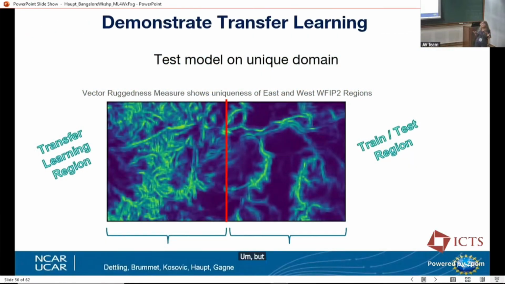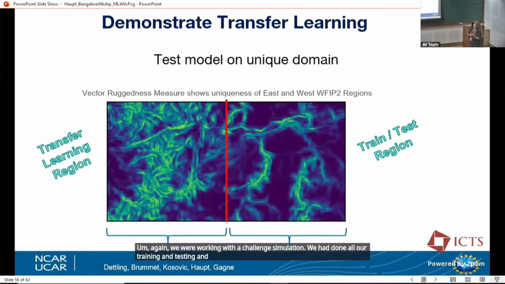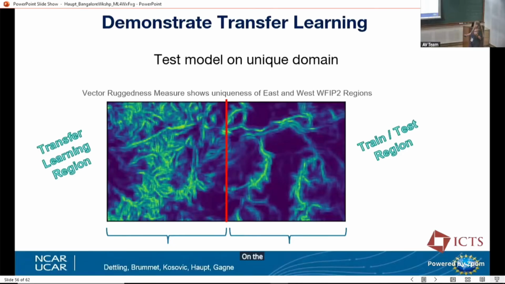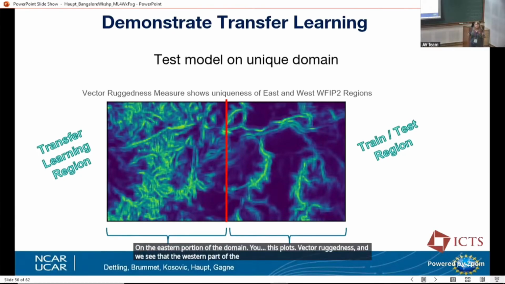But is this generalizable at all? Again, we were working with a challenge simulation. We had done all our training, testing and validation on the eastern portion of the domain. This plots vector ruggedness, and we see that the western part of the domain is much more rugged.